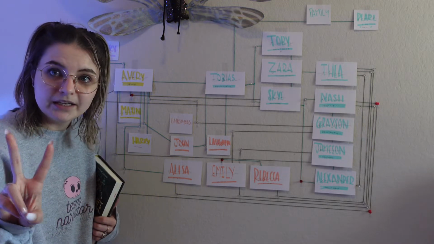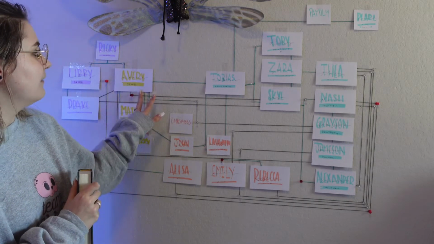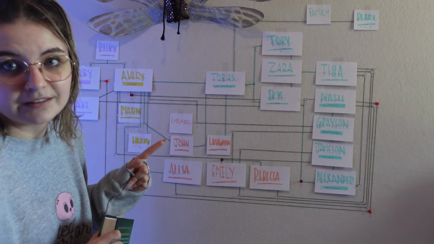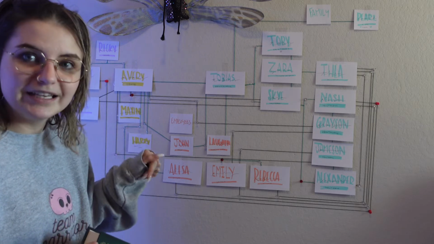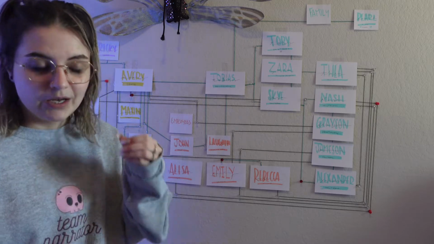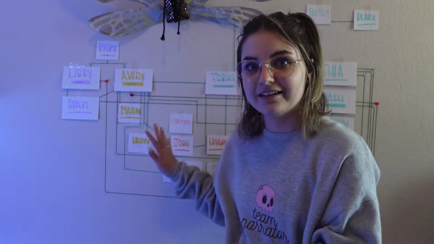But our 2 main pieces of information here are going to be Avery and Tobias. I'm going to do my best to zoom you guys in a little bit and not cut myself off too badly, but this is a tricky filming situation. I want to warn you for spoilers for The Inheritance Games, but the biggest spoilers are not put up yet. I did not do those strings, so there's that.